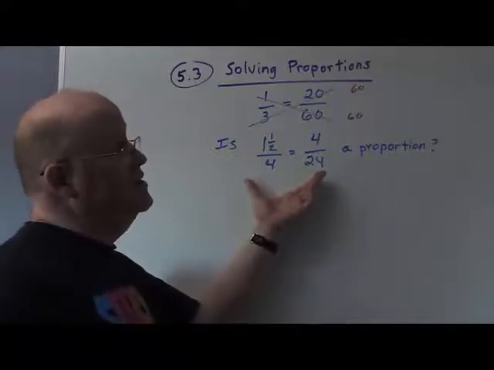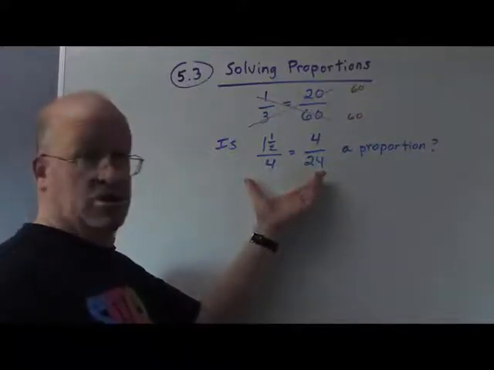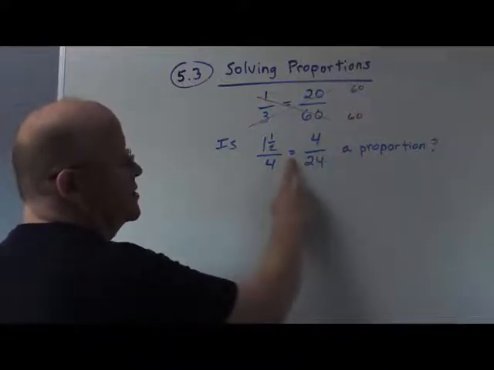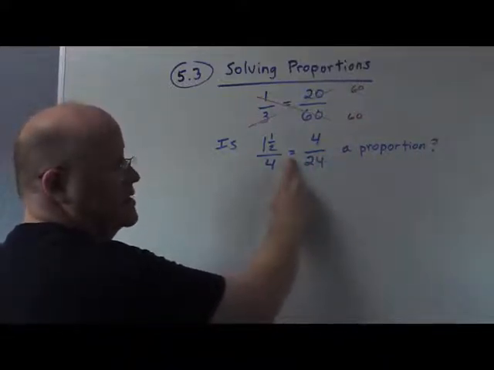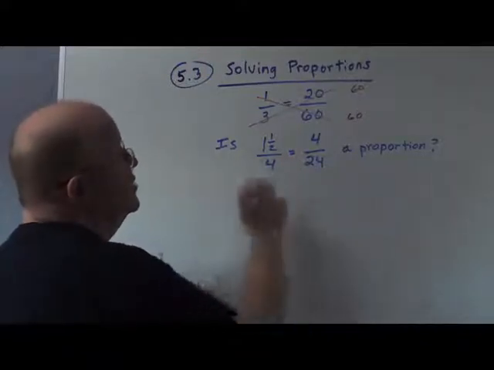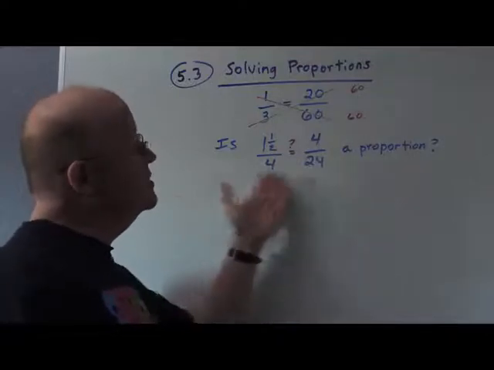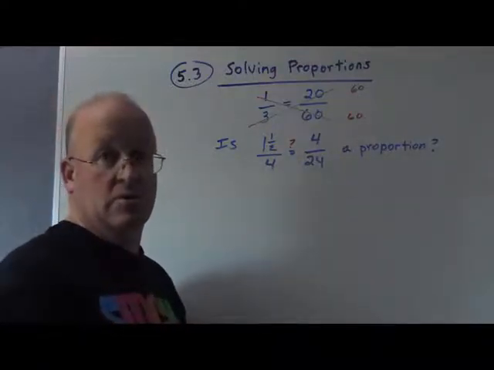Now we have a question, is this a proportion? Now, you cannot cancel across an equal sign. You can only have cancellation across a multiplication sign. Quite often you see a question mark over the equal sign when you're determining whether it is a proportion or not.